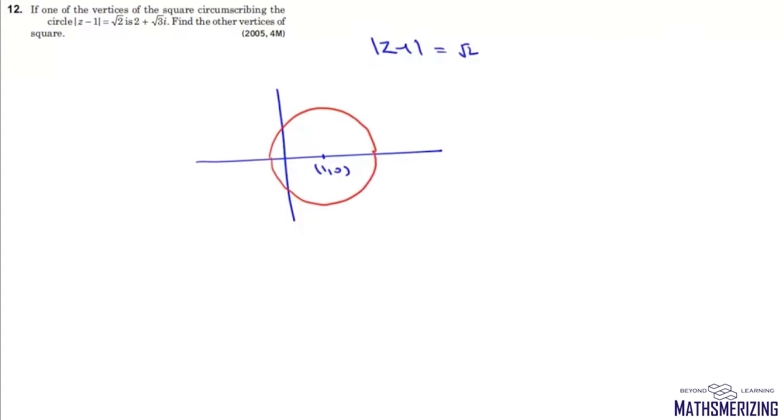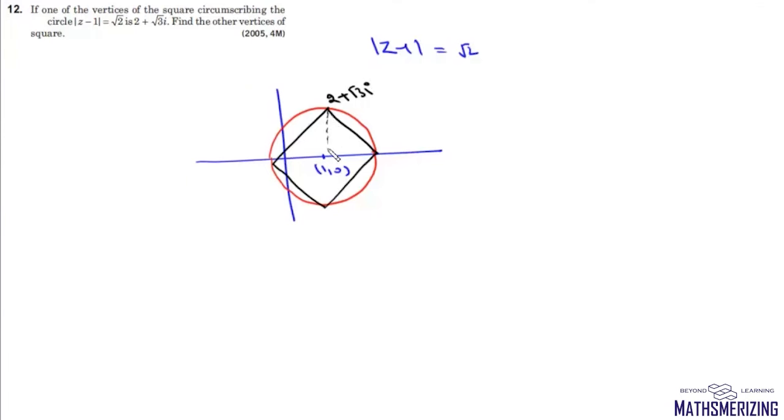That says there is a square which is inscribed in this circle, and one of the points is 2 plus root 3 iota. Now we need to find the other vertices of this square.